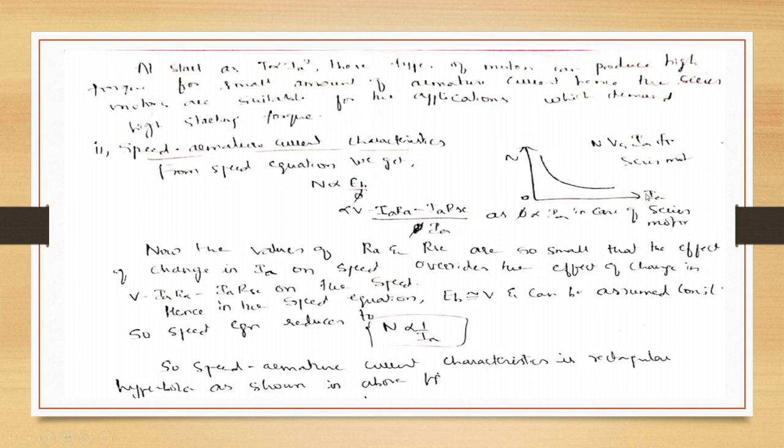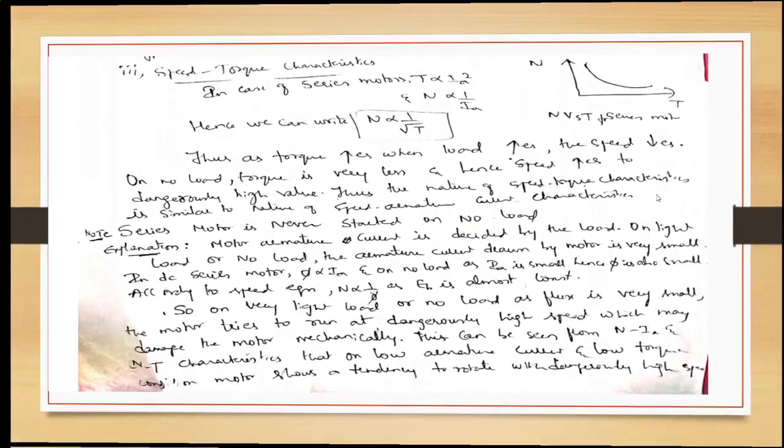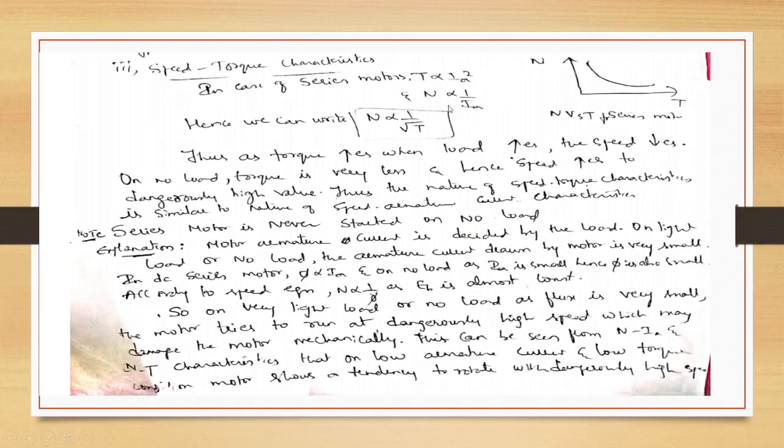Speed is inversely proportional to Ia means we will get a graph like this, that is speed on y-axis, Ia on x-axis. As Ia increases, speed will decrease. Speed torque characteristics. From the two equations, that is torque proportional to Ia square and speed inversely proportional to Ia, we can write speed is inversely proportional to root T. So again we are getting the characteristics of speed torque as speed armature current, that is as torque increases, speed decreases.